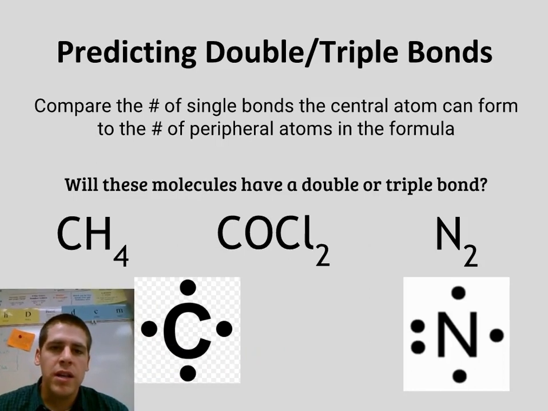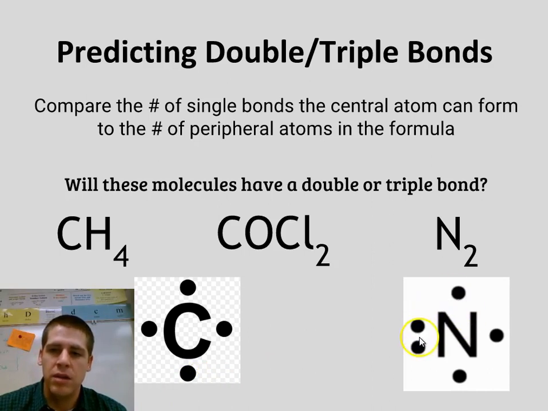What we're going to do is a few examples, and I'm going to show you how to do the double bond, triple bond, how to identify if there's a double bond or triple bond. You kind of want to just compare the number of single bonds that the central atom can form compared to the number of peripheral atoms, the outside atoms that are in the formula. For example, this carbon can make 4 bonds, right, because it has 4 open bonding sites or bonding domains.